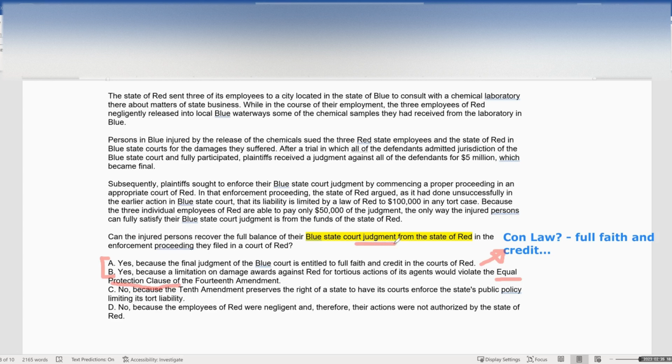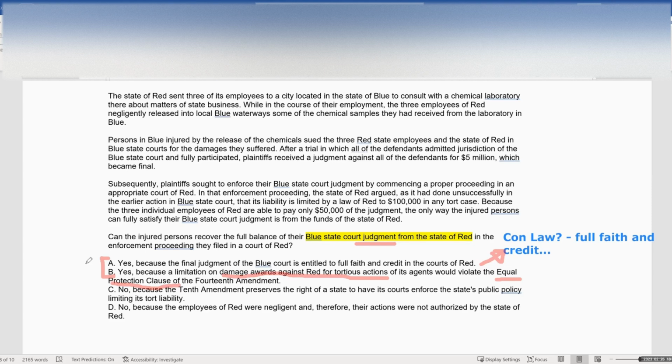And as far as tort damage awards for tortious actions, that really doesn't have anything to do with the equal protection clause. Having these two things inside of an answer sentence is a red flag that it probably is not the best answer choice, because you don't associate torts or damage awards with the equal protection clause, since there really are no fundamental rights involved.